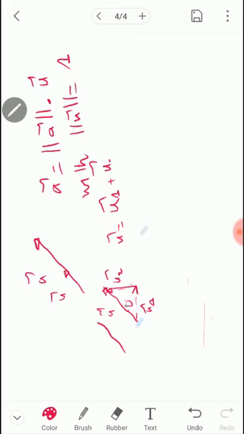So we have a vector u, and we can write it as u1 plus u2.